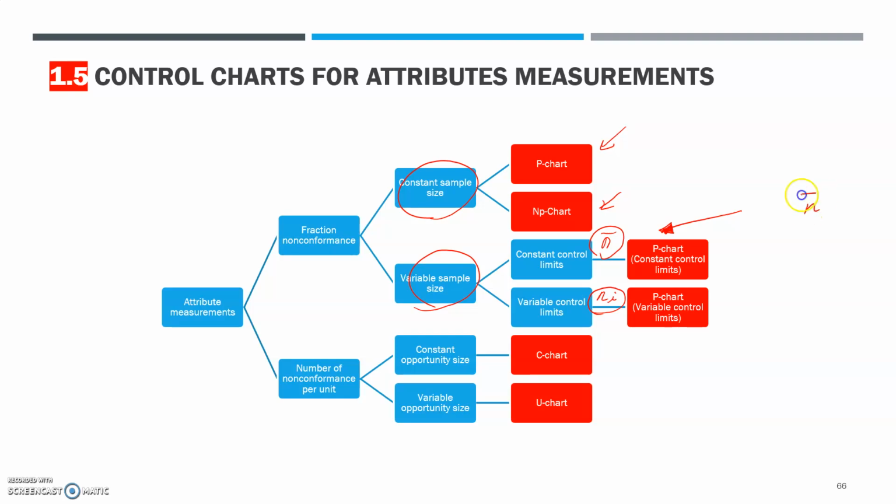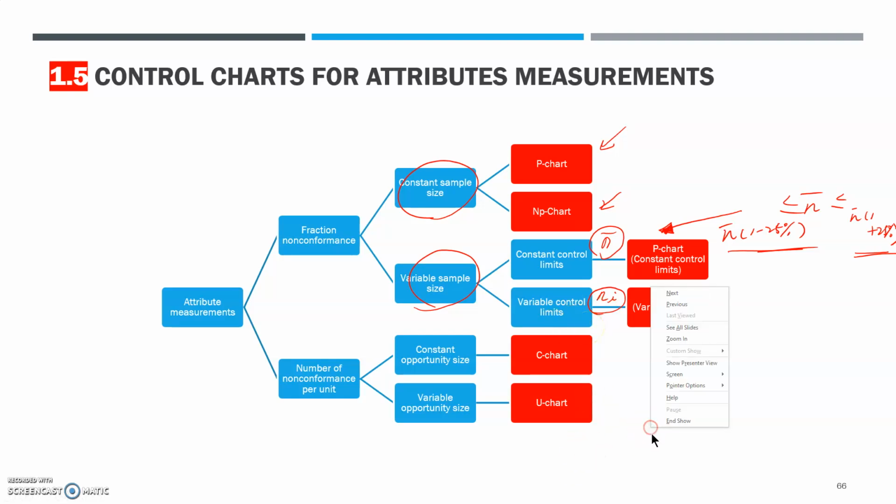All the sample sizes need to fall within a certain range, such that they are 25% smaller or 25% larger than the average. The sample sizes have to be located between these 2 limits for you to be able to use this approach. For a variable control limit, it was pretty straightforward.